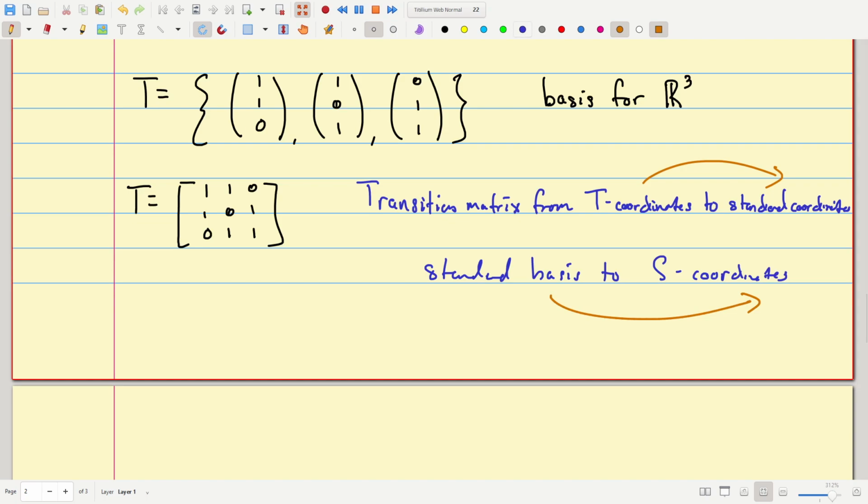All right? This multiplication is applying the matrix T to go this way. All right? What if I have some other basis named S, what must be happening here?